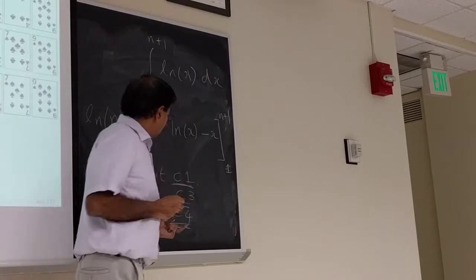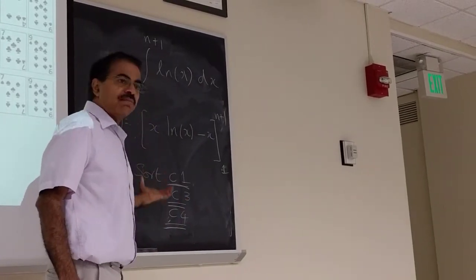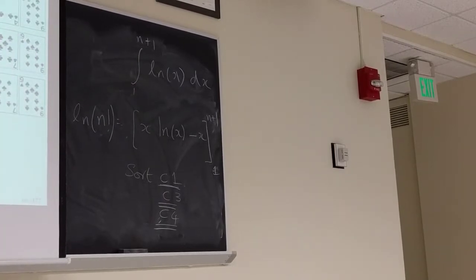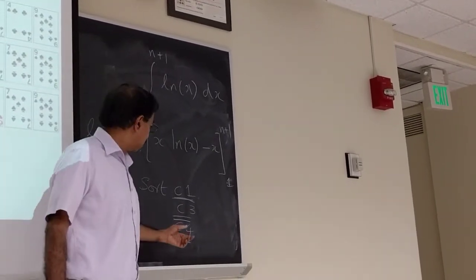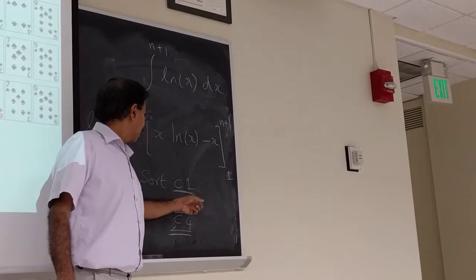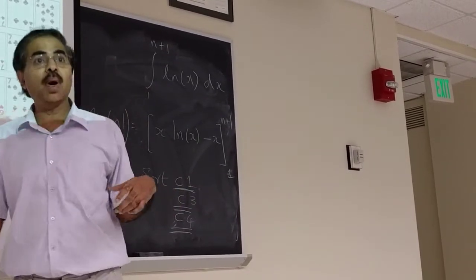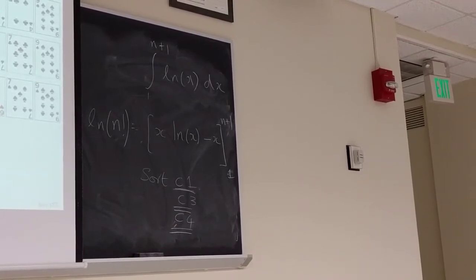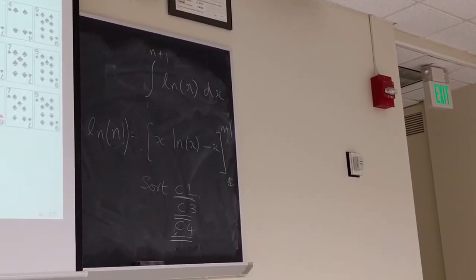So if you import that web page, that table, into a spreadsheet and you want to achieve the same sorting order, then you would first sort on C4, then sort on C3, and then sort on C1, right? Working back, that's an example of where stable sorting could be useful.